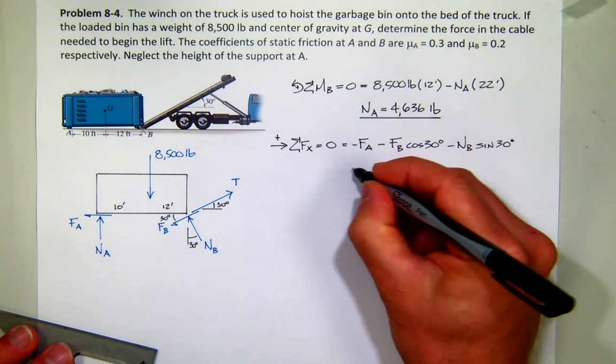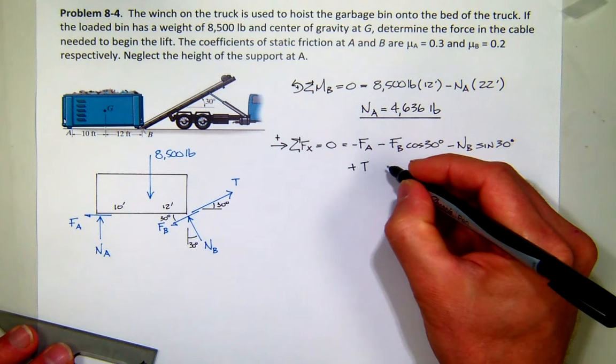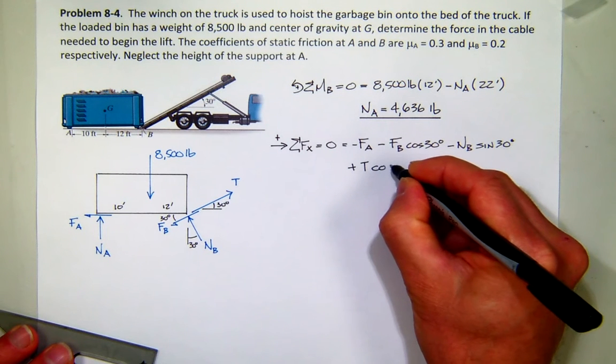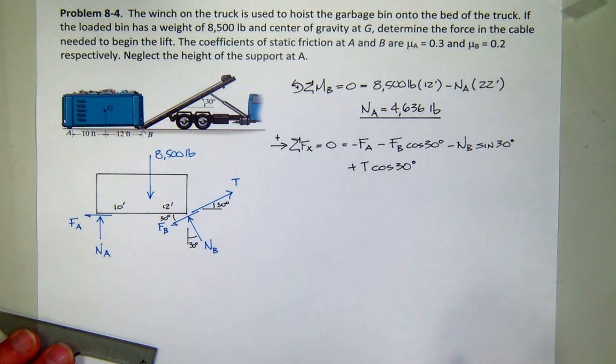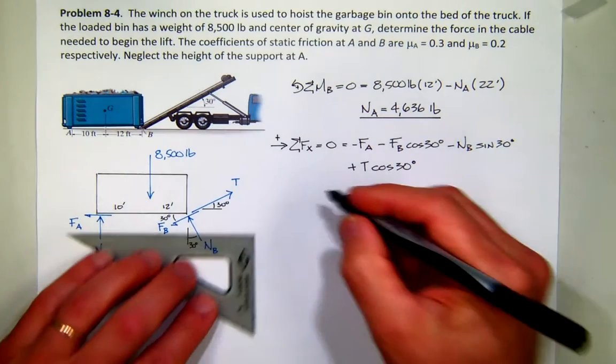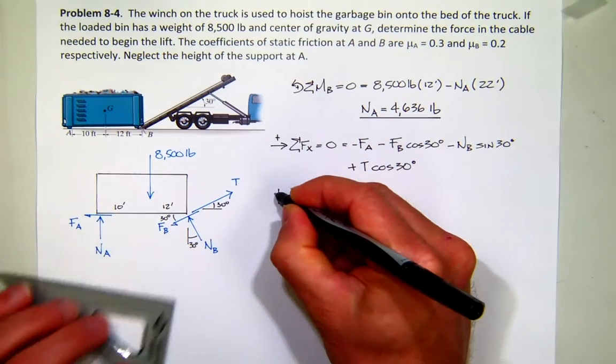And then I have finally the x component of the tension force. Well, that seems horrible. One equation, 4 unknowns. Not a good place. All right, let's hold on to that one. Let's go to the y component.